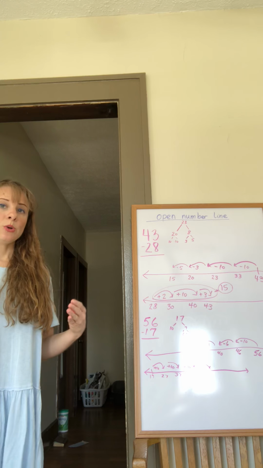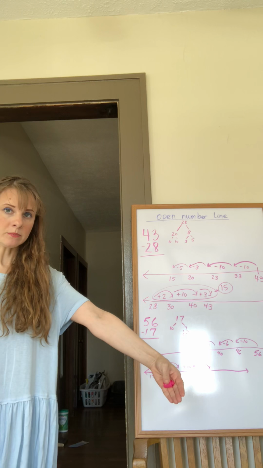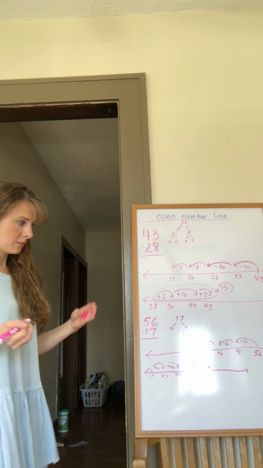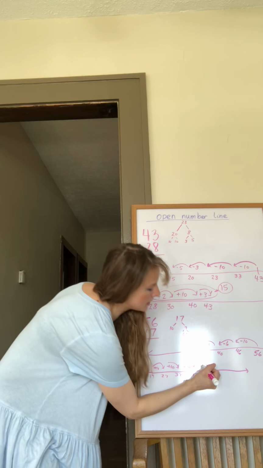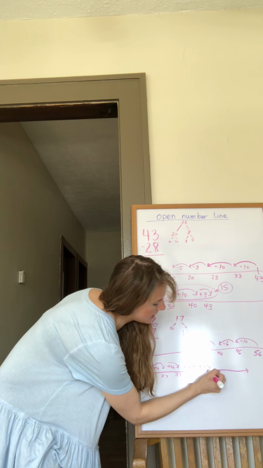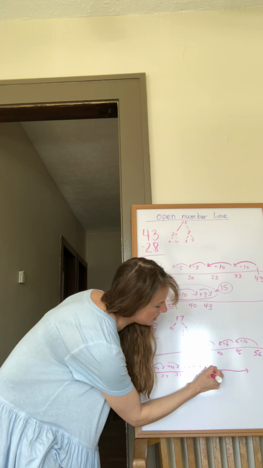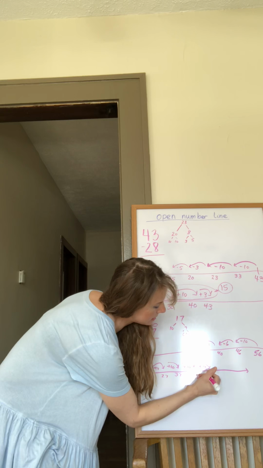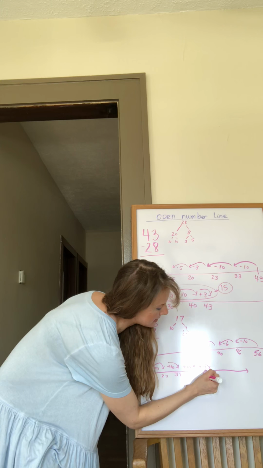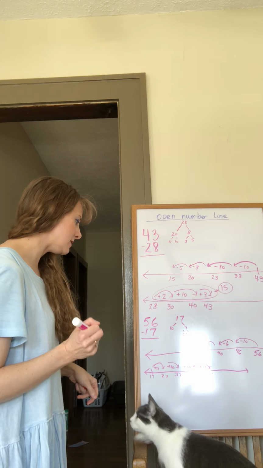Now you can also do plus 10 minus 1, which would be 9, plus 10 minus 1, and you would just kind of do that like this. Plus 10 gives you 57, minus 1, just make it really small, gives you 56, and that gets you to 50.